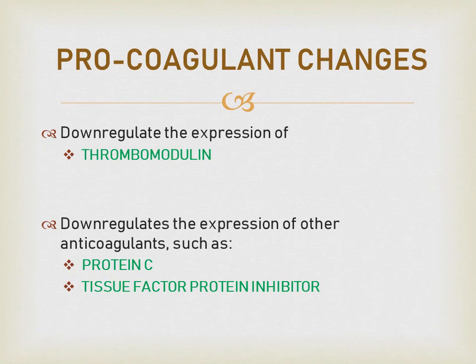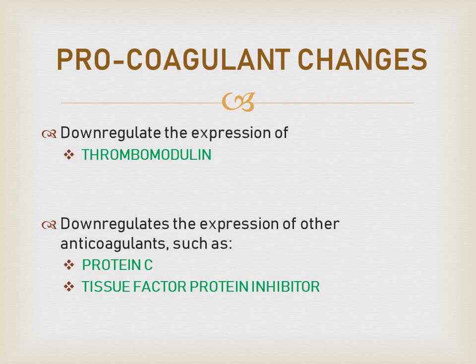The procoagulant effects of the endothelium are mainly related to the down regulation of thrombomodulin, protein C and tissue factor pathway inhibitors. In the previous slide, it was told that thrombomodulin binds to thrombin. So when thrombomodulin is down regulated, it will not bind to thrombin and thrombin can perform its function.